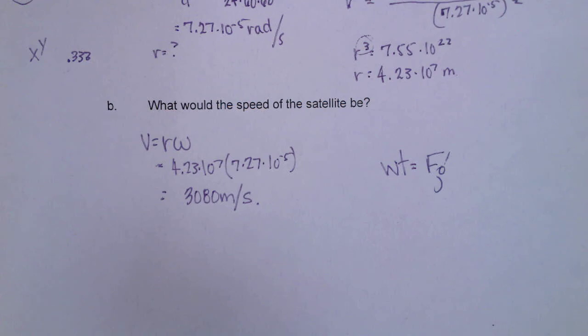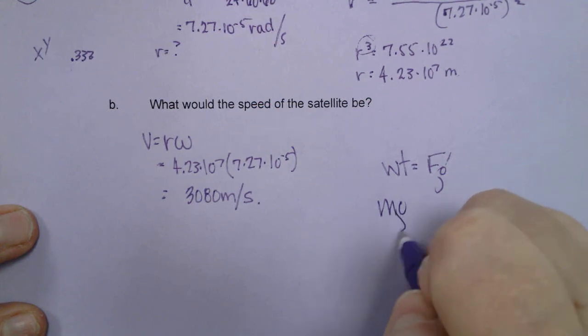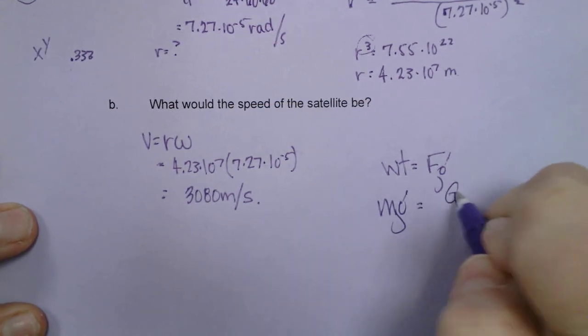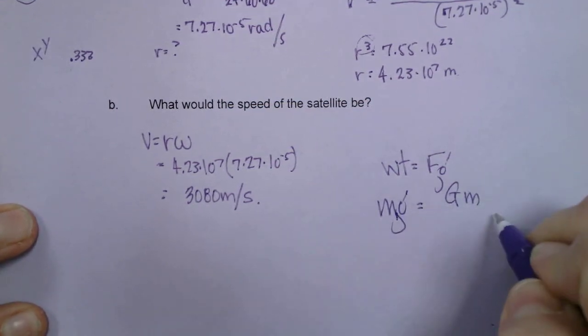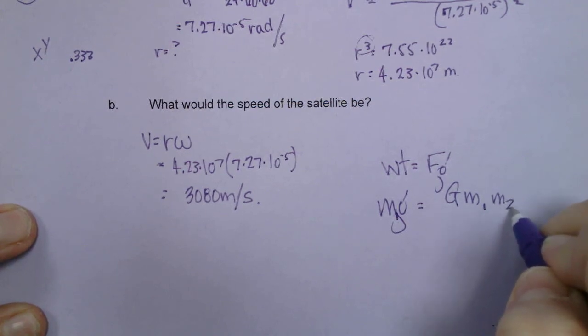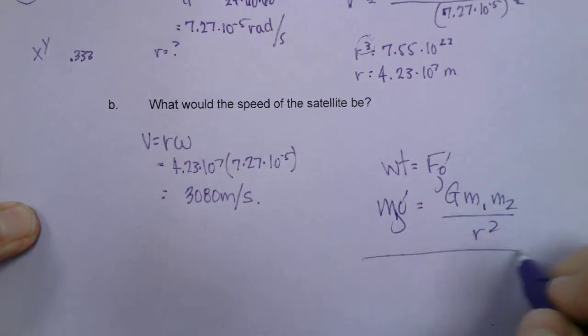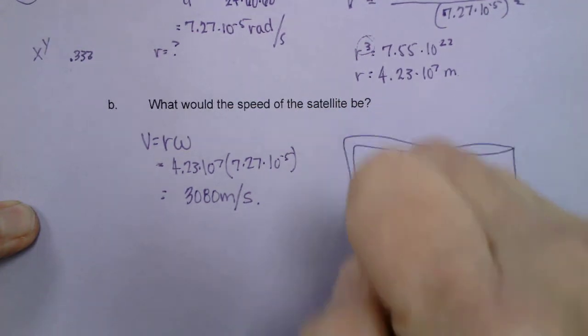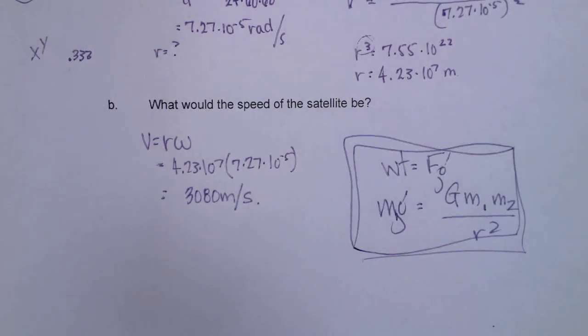Remember we said that the definition of weight is the expression of gravity as a force, the force of gravity, the expression of gravity on your mass. So it would just be mg is equal to G, and we'll call this m1, and this is m1, m2, all over r squared. So it is also possible to equate the two of those together, because the force of gravity is what causes your weight. Those are equal. F sub c is equal to F sub g in orbiting bodies.